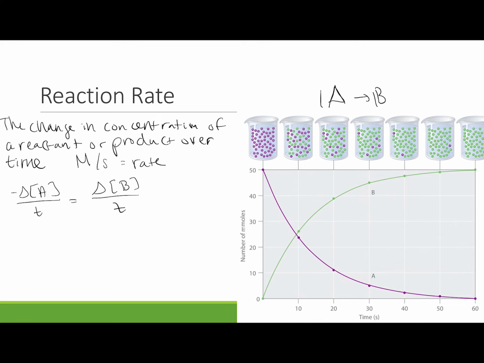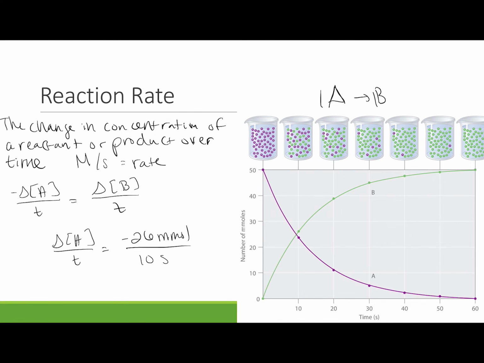So if we look after 10 seconds, we would say that the change of A would be a negative 26 millimole per 10 seconds. That's not a true rate, but we would say that our delta A over T would be equal to negative 26 millimole over 10 seconds.